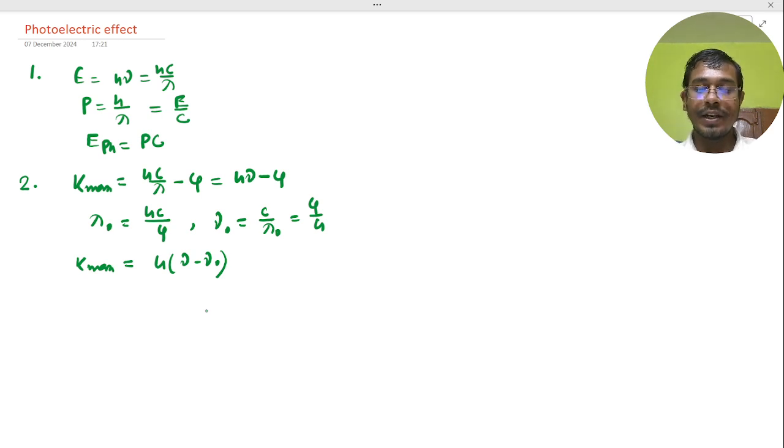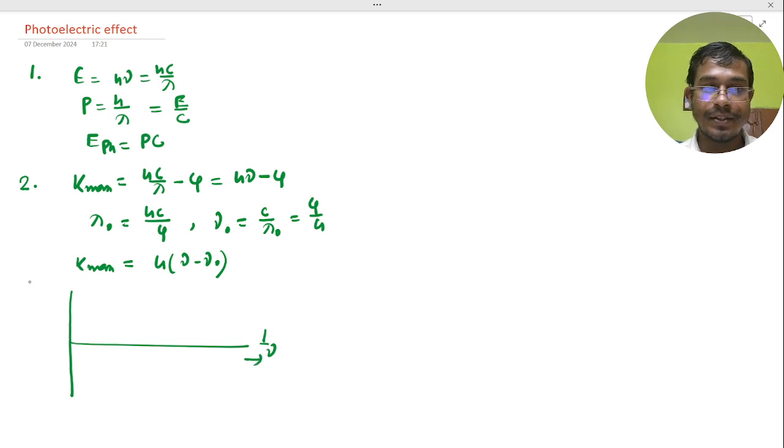Now the stopping potential in the cathode ray tube experiment. Here this is the axis of 1 by lambda, and this is for nu naught, and this one is the line.